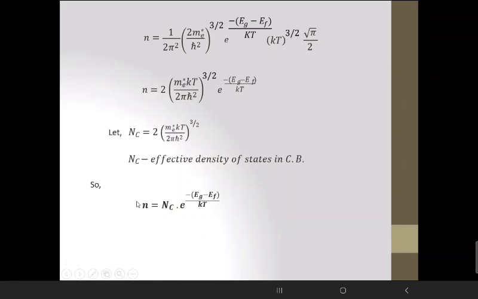So the concentration of electrons in the conduction band is Nc into exponential of minus (Eg minus Ef) over kT. Do you have any doubt about this? This Nc is a constant value, known as the effective density of states.